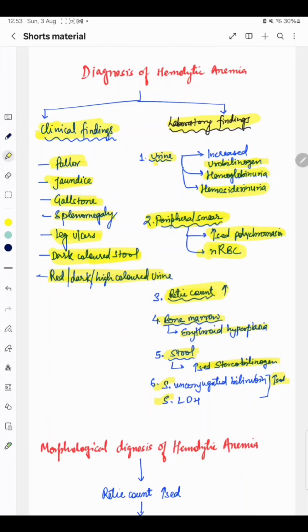Reticulocyte count is increased. Reticulocyte is an immature RBC. Bone marrow shows erythroid hyperplasia. Stool examination shows increased stercobilinogen level. Serum unconjugated bilirubin and serum LDH are increased because of hemolysis. Hemolysis will increase the synthesis of bilirubin.